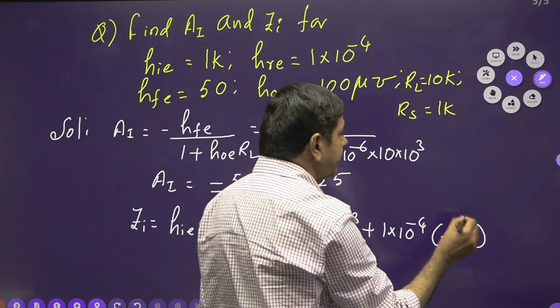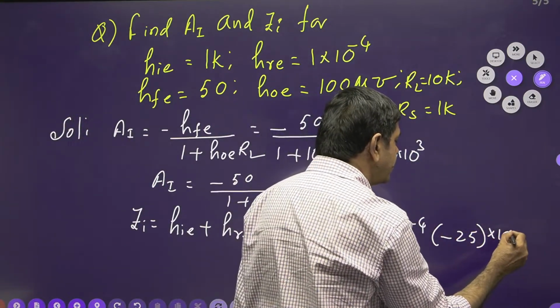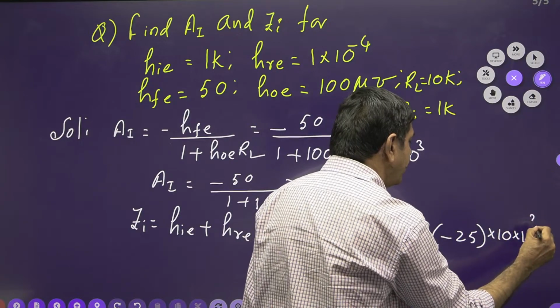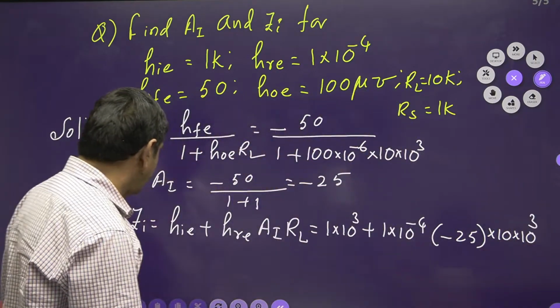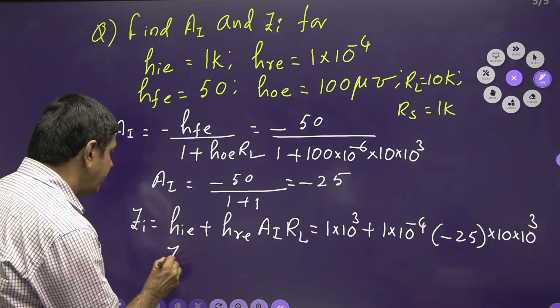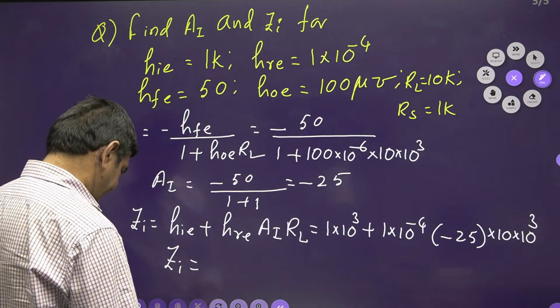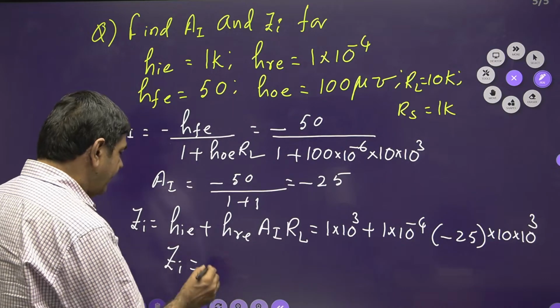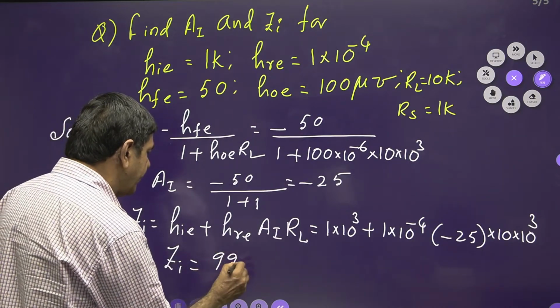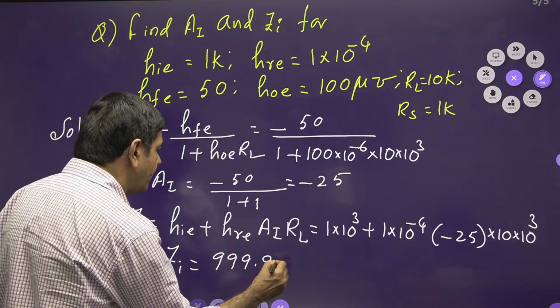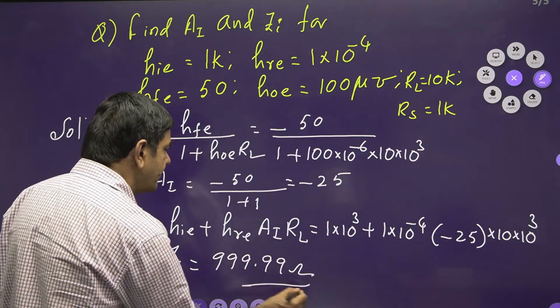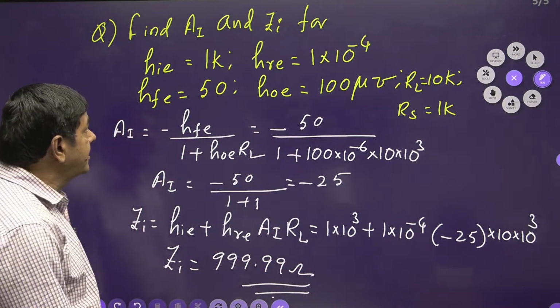I can put 10 into 10 power 3. On simplification, I will get the input impedance ZI as 999.99 ohms.